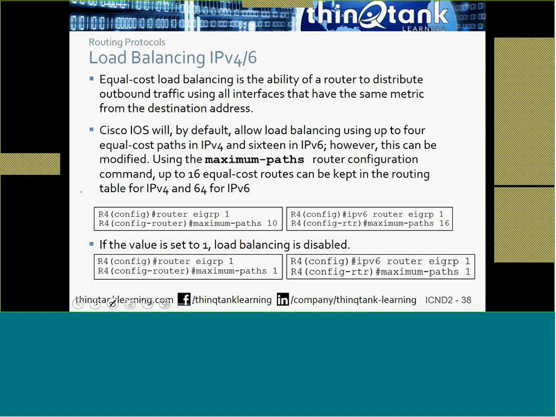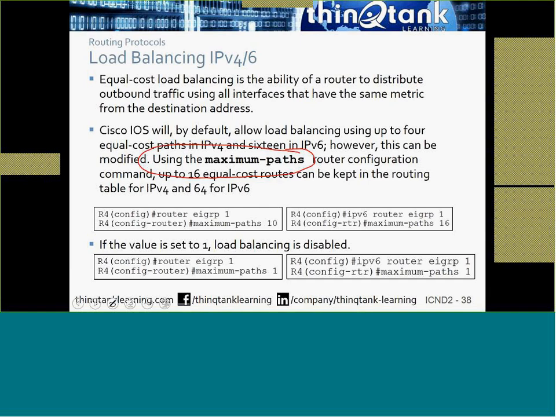Load balancing in IPv6 and IPv4 for EIGRP. We use the maximum-paths command. Now, equal cost load balancing is when the router identifies multiple paths that have the exact same metric, and then I distribute packets across those links whenever I'm sending traffic to that destination. In Cisco IOS, up to 4 equal cost paths in IPv4 or 16 in IPv6 will be load balanced, but we can use the maximum-paths command to change that behavior.